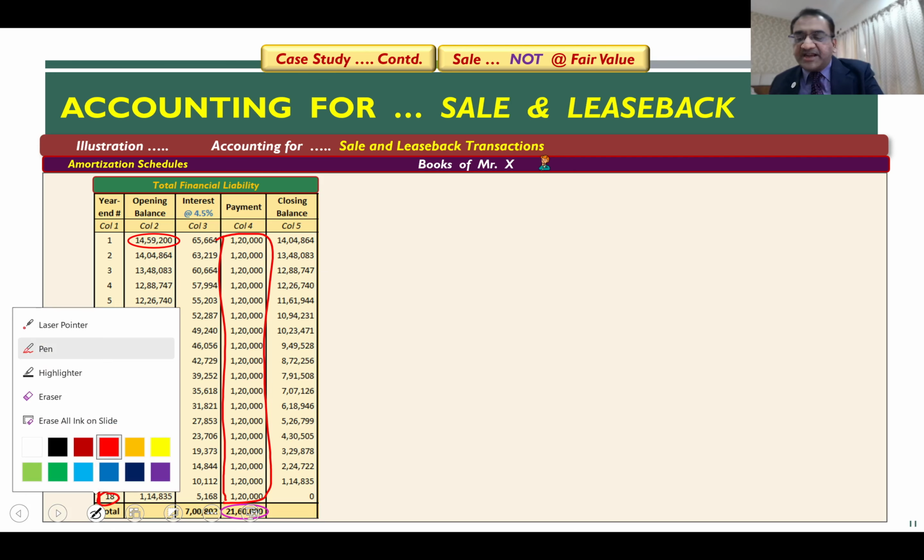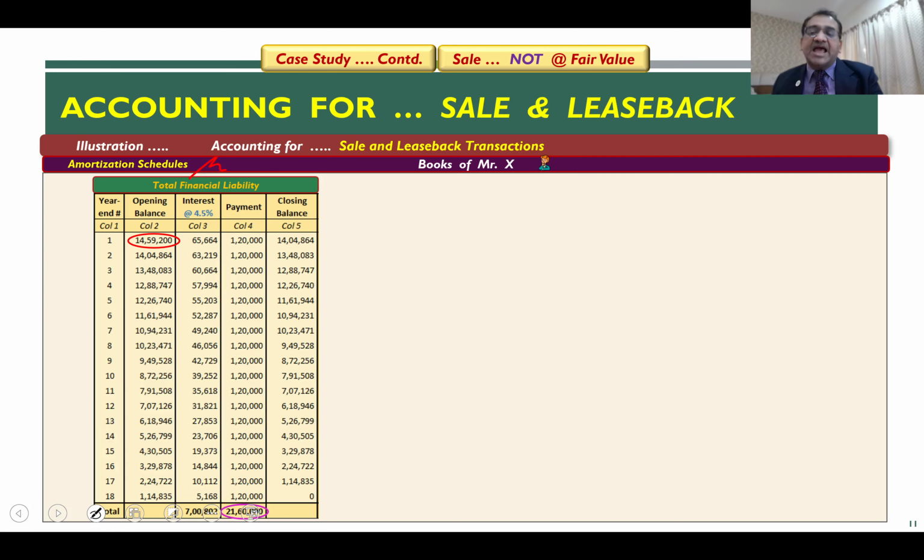Now, if you consider the total financial liability consisting of the 2 components, the leaseback plus the financing component, it was 1,459,200. So your opening liability consisting of both components is 1,459,200. You will compute interest at 4.5%, the rate which you have used for discounting, on this opening balance, but you will continue to make the contractually agreed payment of 1,20,000.